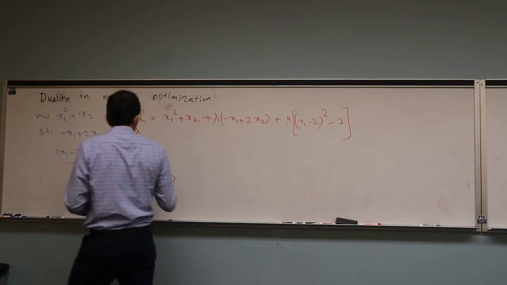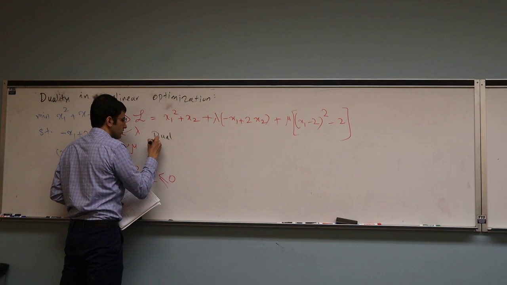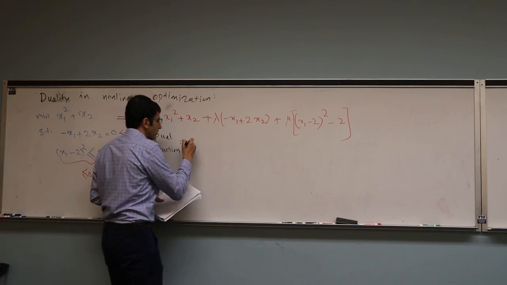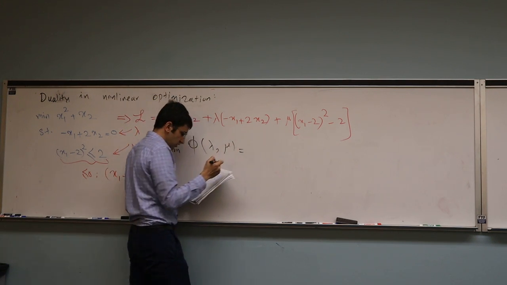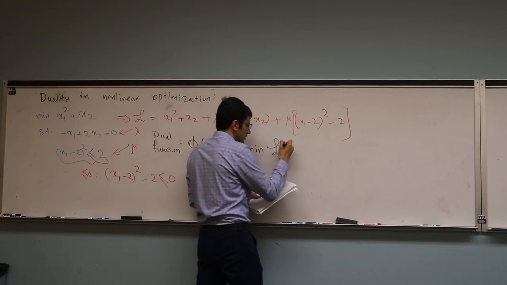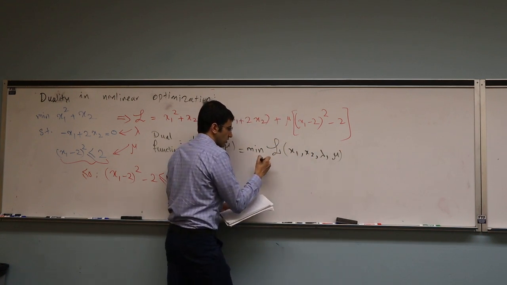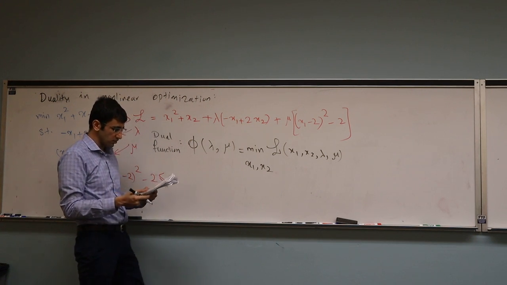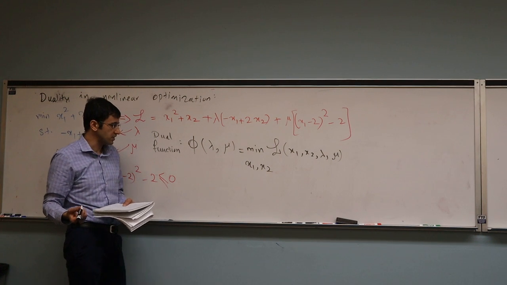After having your Lagrangian, you define the dual function. The dual function is phi of lambda and mu, equal to the minimum of the Lagrangian over x1, x2, for given lambda and mu, but our only variables are x1 and x2. We also know that mu's are positive. In order to solve this, we use basic algebra.